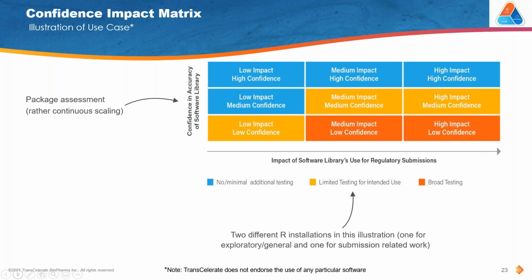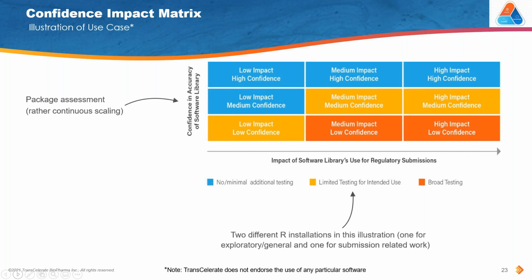In the orange tier, when the confidence is medium and the impact is medium or high, or low confidence with low impact, it would require additional testing if used as part of a regulatory submission, but maybe no additional testing or maybe a small amount of testing would be needed if the software library is just used for internal decision making. In the red tier, however, it is only appropriate without any additional testing for exploratory use.